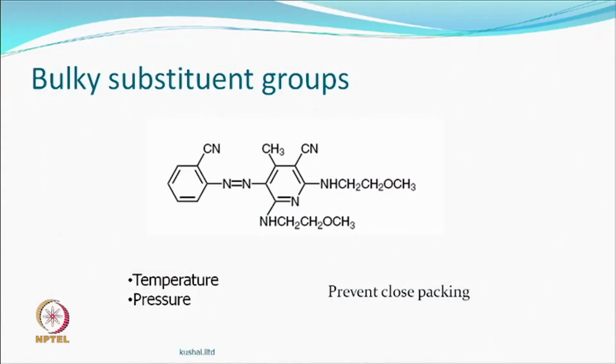This is good enough, a gap for a molecule. A molecule is very small and therefore this gap is important. If the gap is more, obviously the molecule can go anywhere, and so the pressures will also be interesting. But bulky substituent groups are, let us say, a molecule which you would like to prefer.